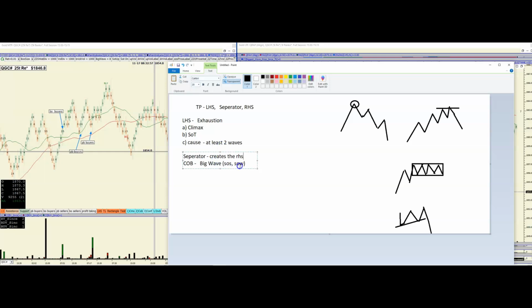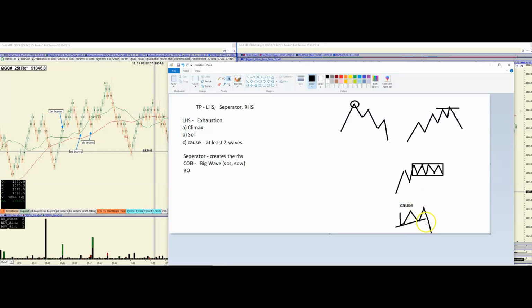So the second thing you want to see in the change of behavior is the big range bars. Big range bars that are a clear breakout. When I said on the left-hand side you should have cause, like right here, cause.